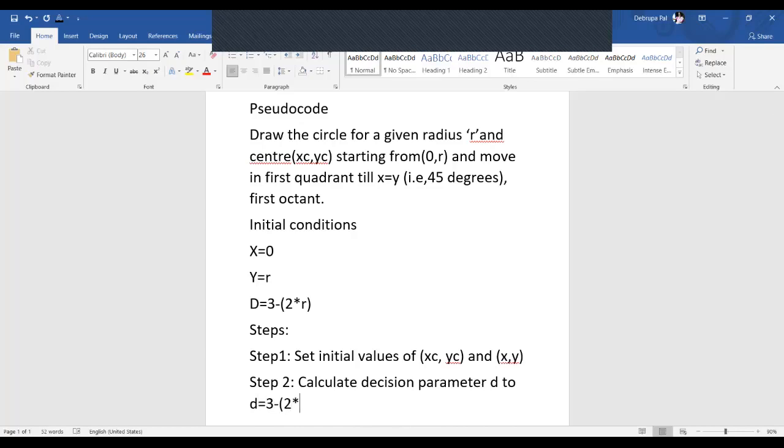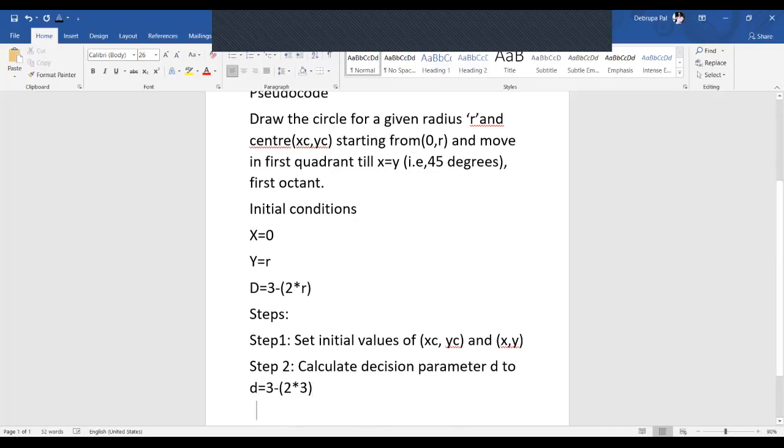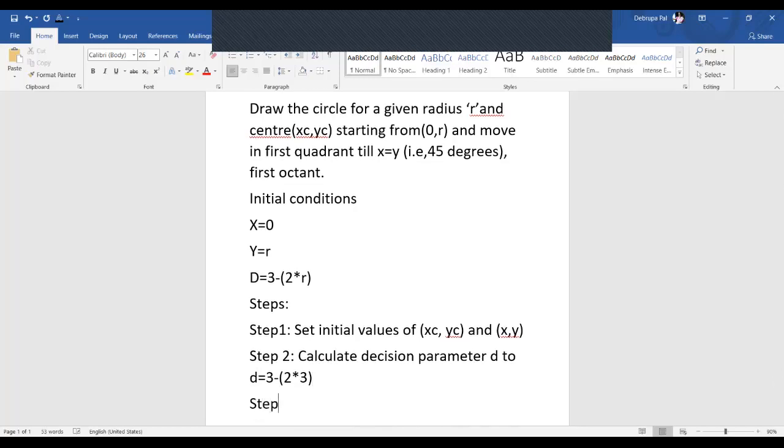So here we will calculate the value like this. Calculate decision parameter d, d is equal to 3 minus 2 into r.